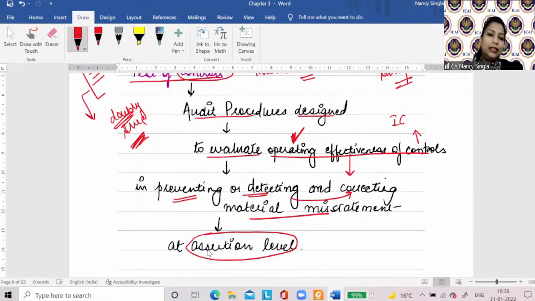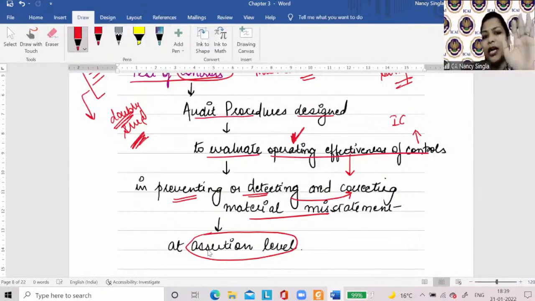Now just try to imagine, can there be an internal control for the financial statement as a whole? कि एक internal control लगाया और financial statement will reflect a true and fair view. There will be no fraud and error. ऐसा कोई internal control हो सकता है? This is first A. And B, management will have to apply or implement internal control with respect to every item of the financial statement or on every assertion, like sales के लिए अलग internal control, purchases के लिए अलग, assets के लिए अलग, liabilities के लिए अलग, and उसमें भी assets में plant and machinery पे अलग, land and building पे अलग.